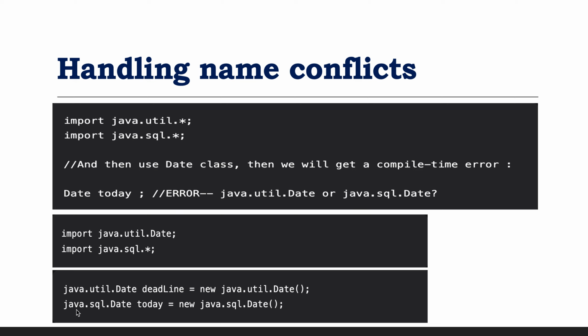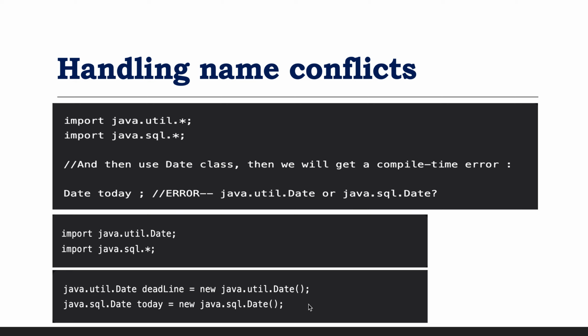And if you define another statement like java.sql.Date, you can see these classes are the same name but belong to different packages, and you give a different variable name equal to new java.sql.Date. Java will recognize which Date you want to use from which package.